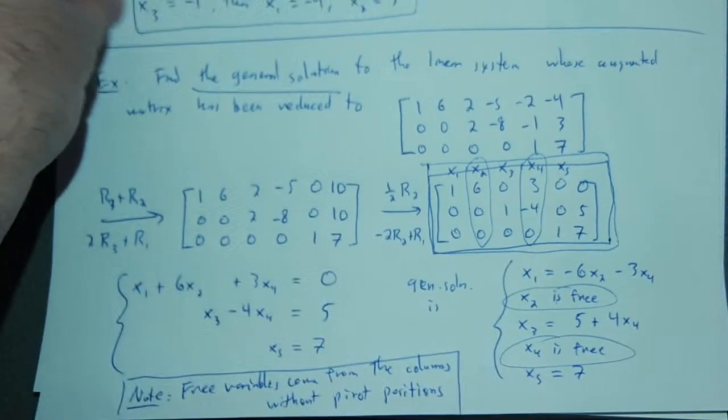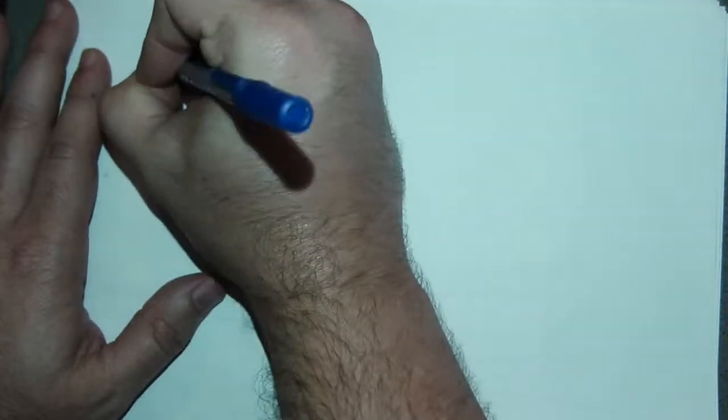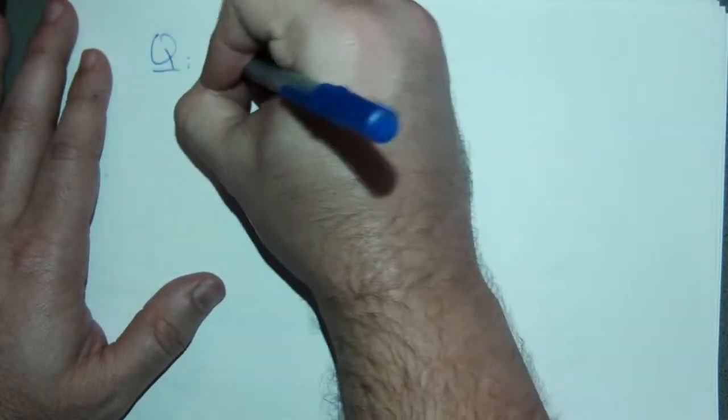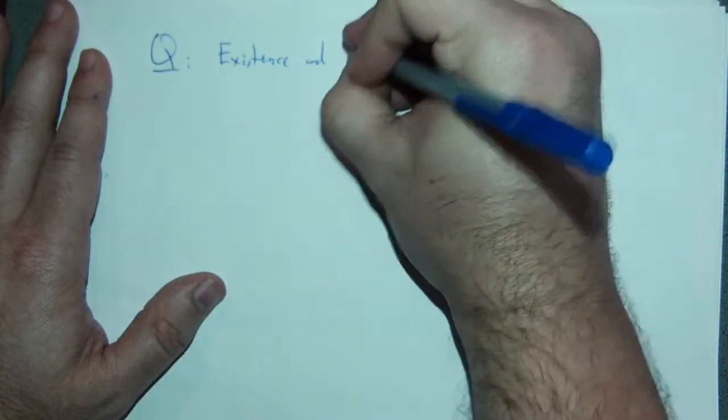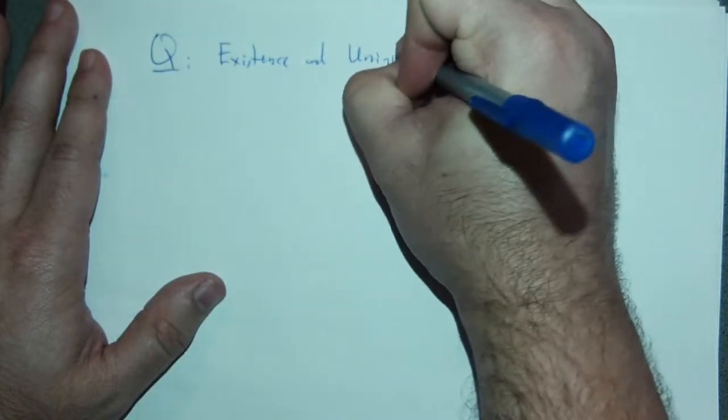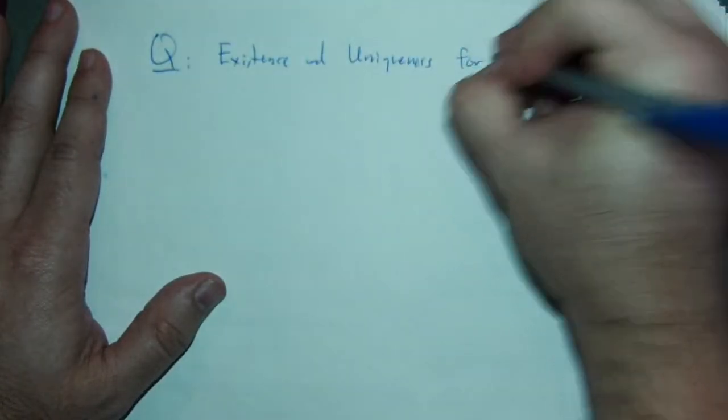So I'll talk a bit later also about the parametric form of this, but after we talk about vector equations. So one big thing, as I wanted to say before, the big question is existence and uniqueness for linear systems.